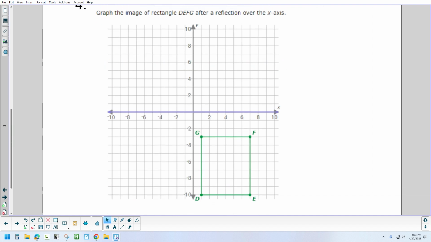Or 7. Okay, how'd you get that? Because I lined them up. I lined the point up with the line. And what are we reflecting over? The y-axis. No, we're doing the x-axis.